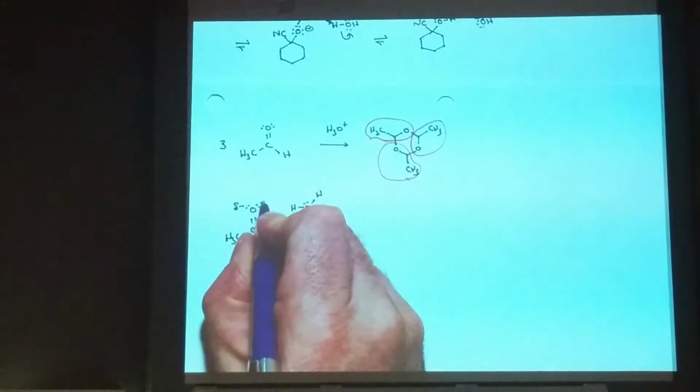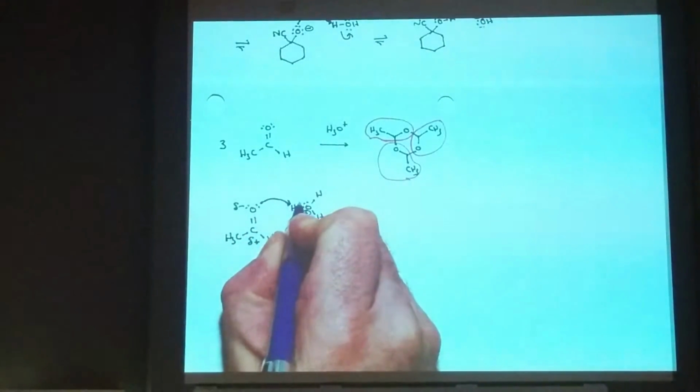So what was the pattern that happened over and over again when we had a carbonyl compound and acid? Well, how do we get to resonance? We've got to protonate the carbonyl oxygen. The reason why that's favorable is because we're going to get water.